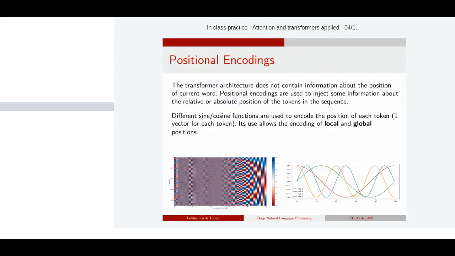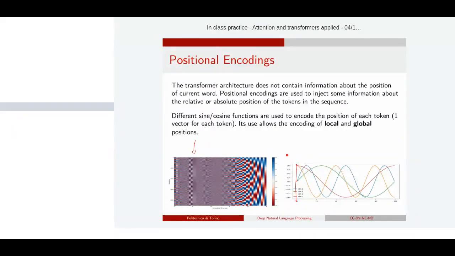What happens is that we have a vector that is a composition of different sine and cosine waves that use different frequencies. And this is similar to the one that you have here. They go from 0 to 1 with different frequencies. For the first word, I have all these values from different sine and cosine waves, and so I encode this information in a vector.